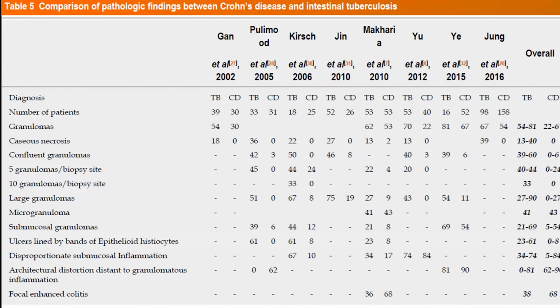Large granulomas, more than 400 micrometer, are more common in tuberculosis, but you may get them in Crohn's disease also. Submucosal granuloma is more common in tuberculosis, and mucosal granuloma is more common in Crohn's disease. So according to this review article, there are only 2 differentiating points which are not seen in Crohn's disease.